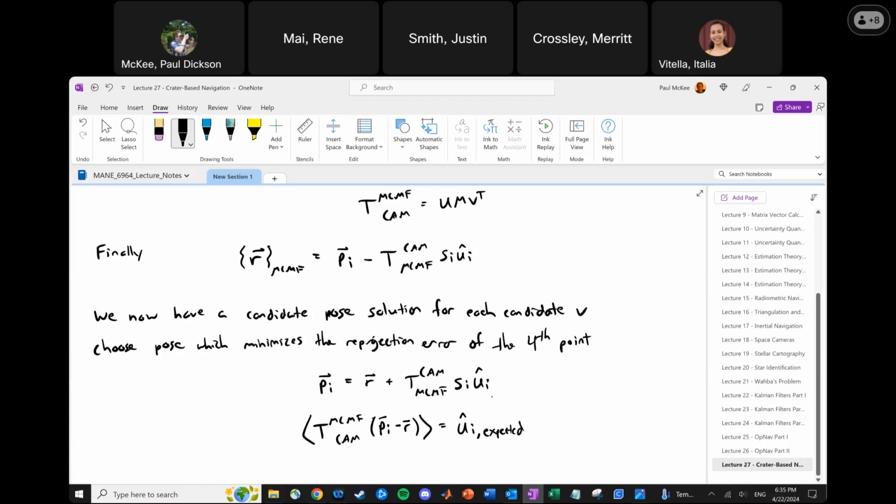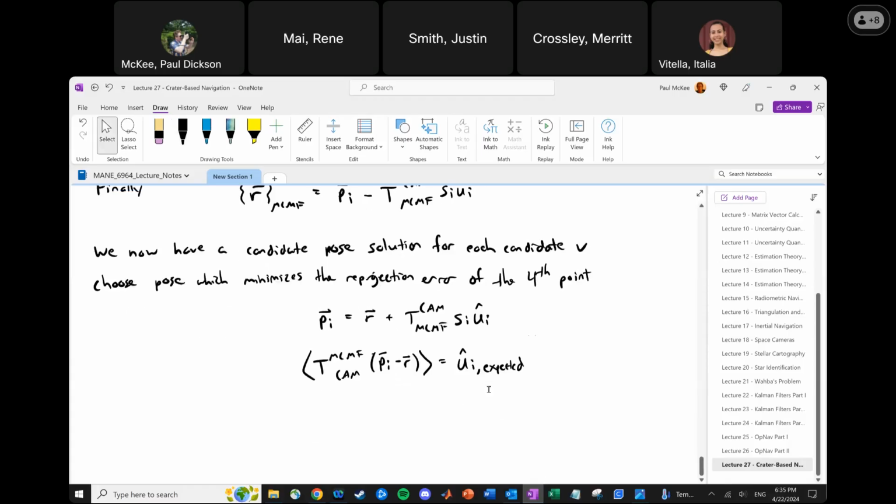So we're going to call this Ui expected. Okay. And so then our error, which we are trying to minimize, our cost function, is the sum of the 4th through the nth crater, however many craters you have. 4 is plenty, but if you have more, that's fine. Of the arc cosine of Ui expected transposed Ui measured, what you actually see in the image, squared.